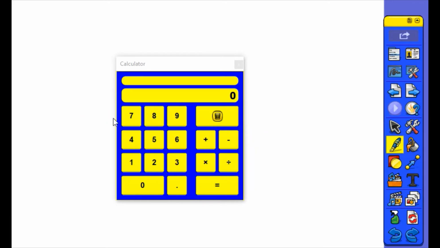Let's suppose we're going to multiply the number 34 times 57. So let's type it in. 34 multiplied by 57, and our answer equals 1938.